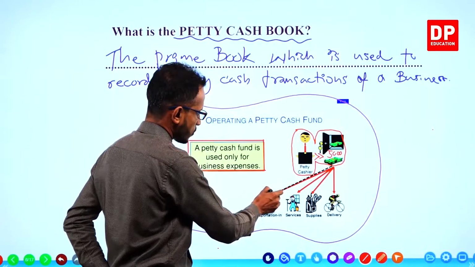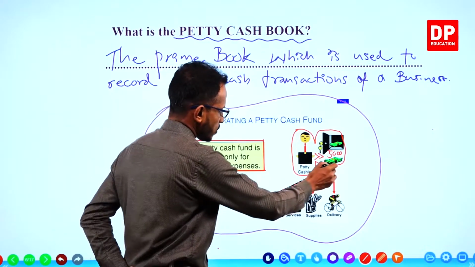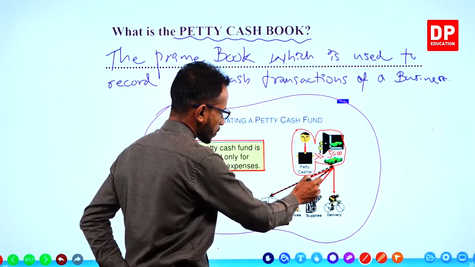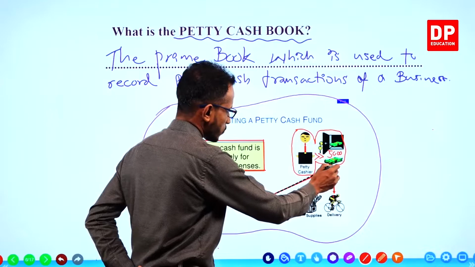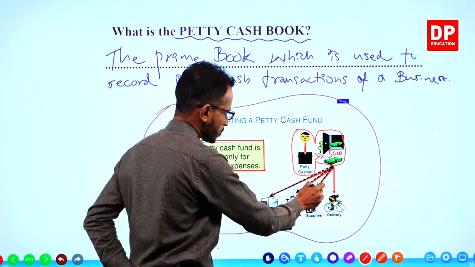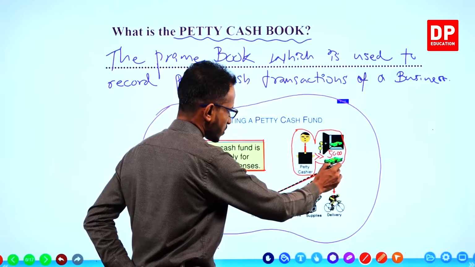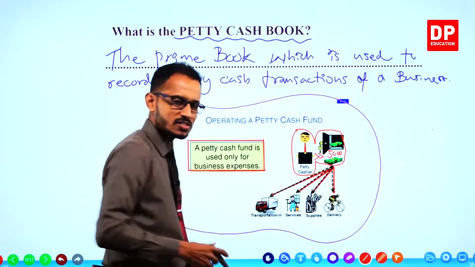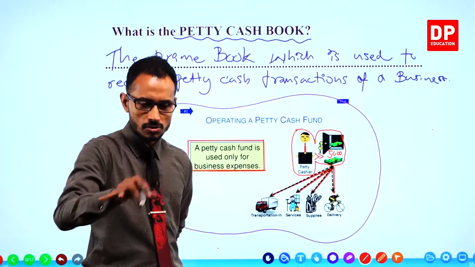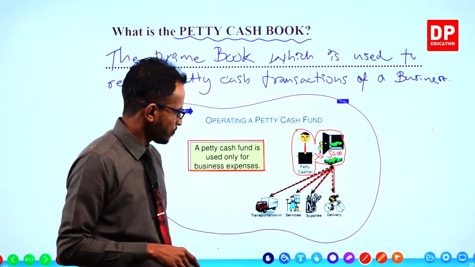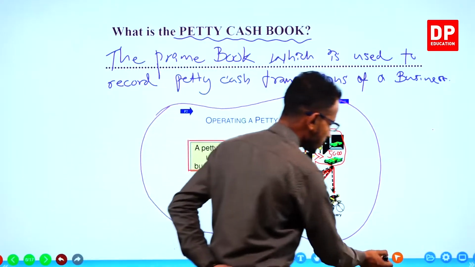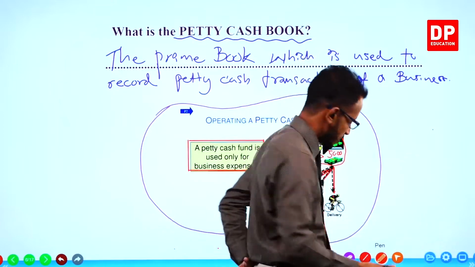For transportation, for services such as masons, plumbers, and small work done by these laborers, this petty cashier spends as needed.